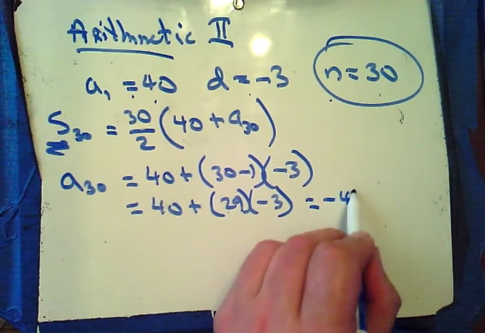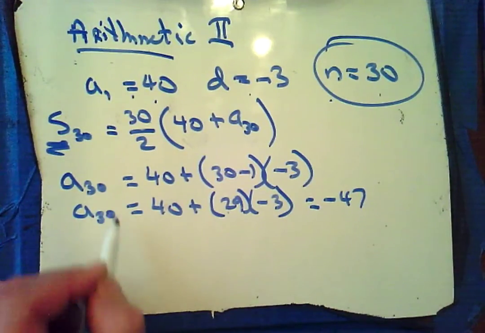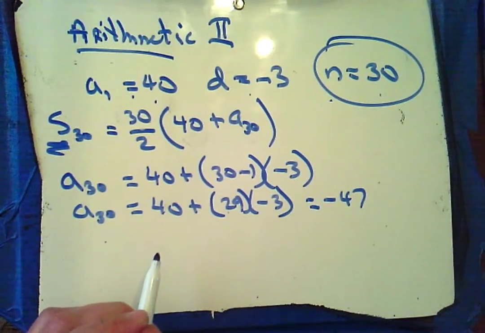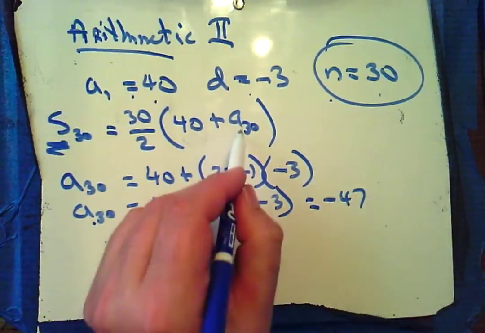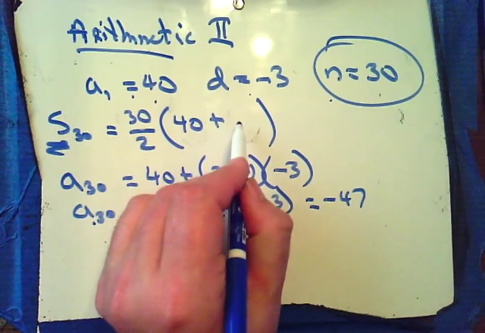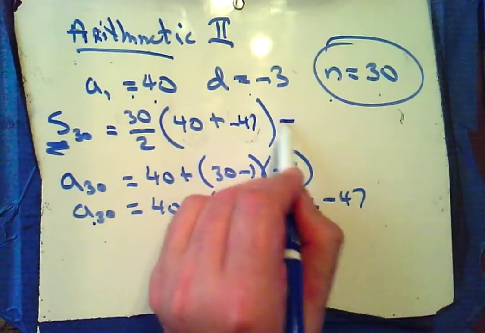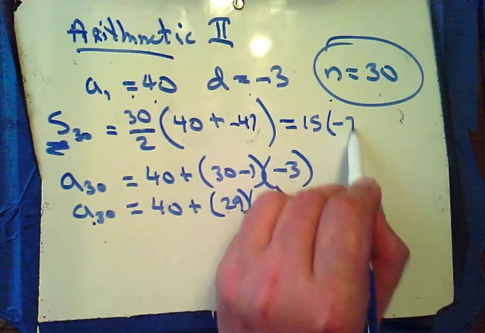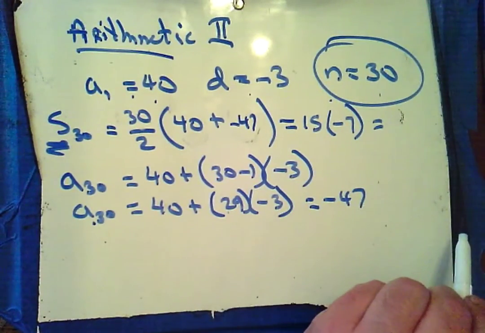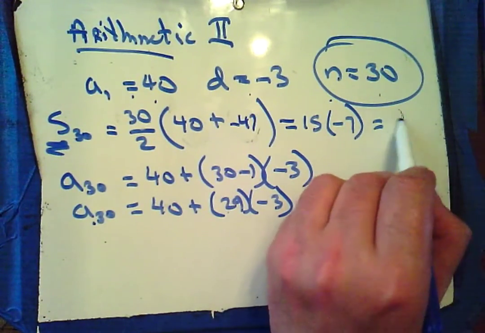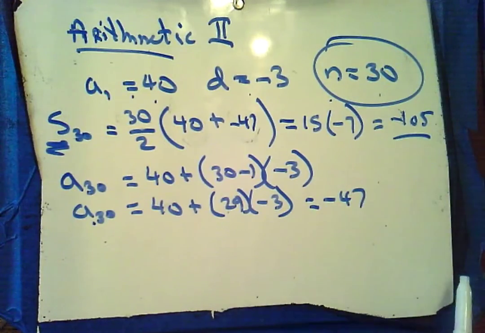So negative 47 is a sub 30. Well, great. Now we know what that is. We can plug that value in here. So negative 47. So now we've got 15 times negative 7. Negative 105 is the sum of the first 30 terms.